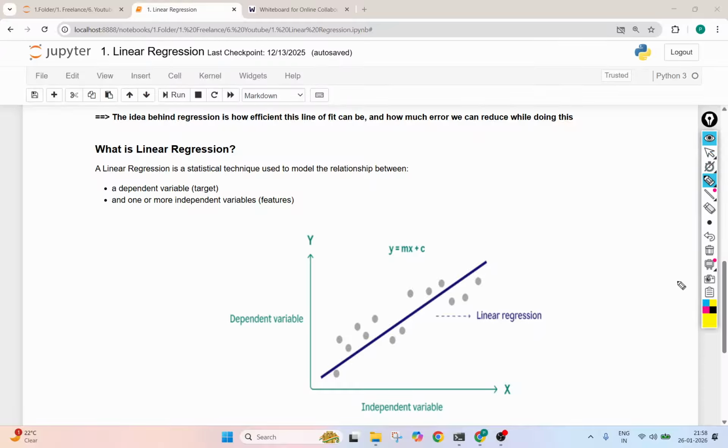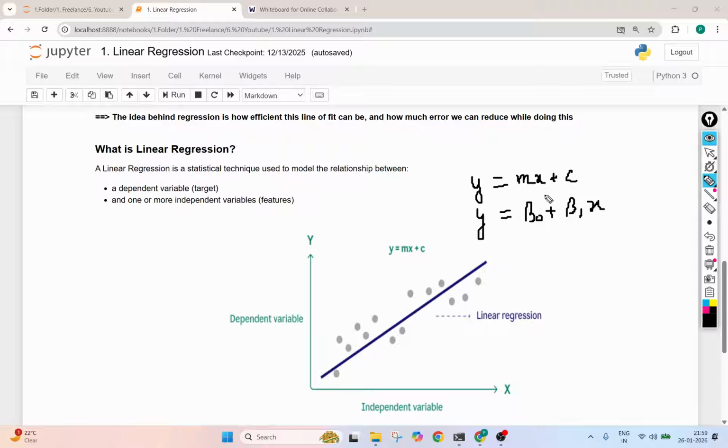It's nothing but y equals mx plus c, right? y equals mx plus c. In certain other places, you might also see something like y equals beta naught plus beta 1 into x. So here beta naught refers to c and beta 1 refers to m.